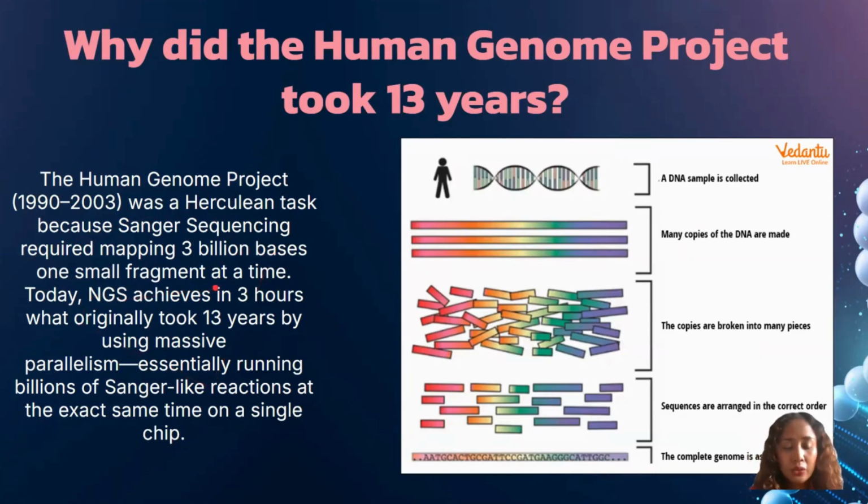So now, with next generation sequencing, what originally took 13 years is achieved in 3 hours. So NGS is a massive parallelism, essentially running billions of Sanger-like reactions at the exact same time on a single chip. So now we could perform multiple billions of Sanger-like reactions.